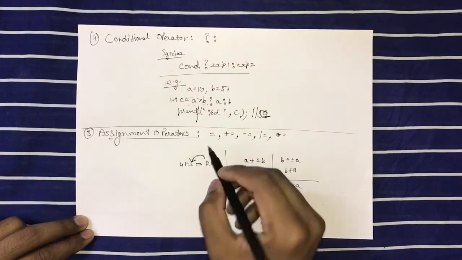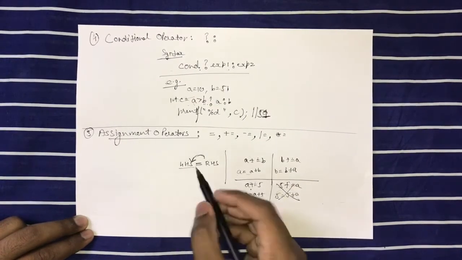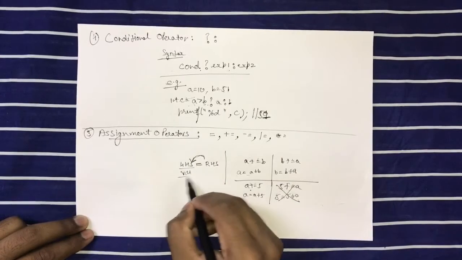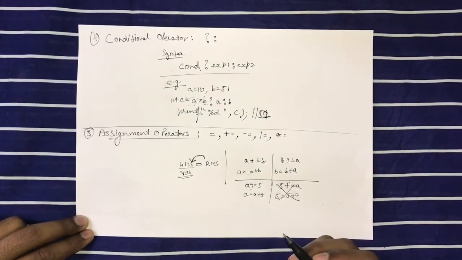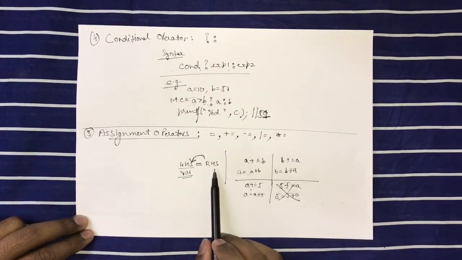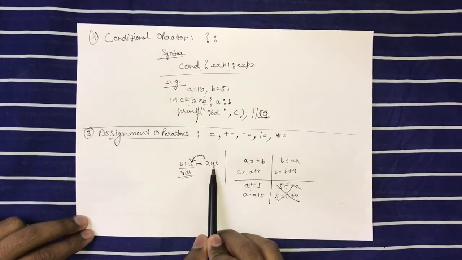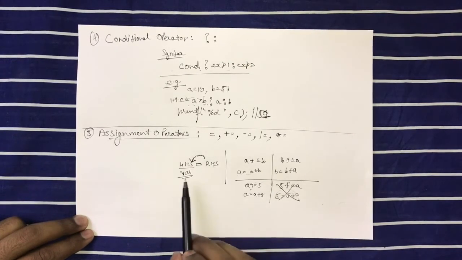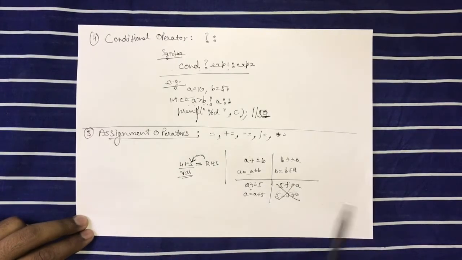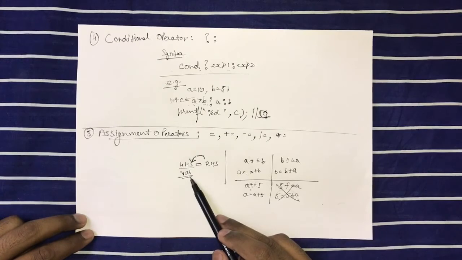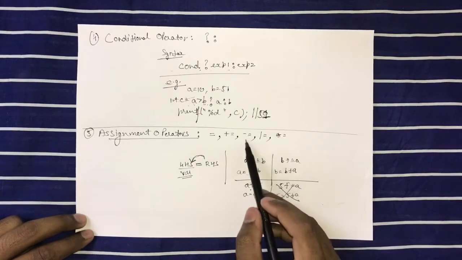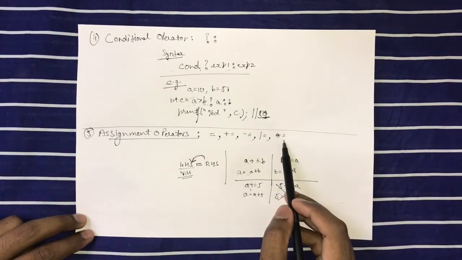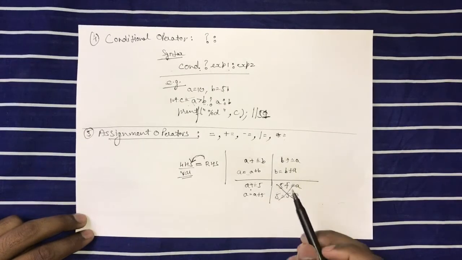So in this category, on the left hand side there should be a variable. So it's compulsory for assignment operator to work. On the left hand side there should be a variable, no matter what is there in the right hand side, whether a variable or a data, but on the left hand side there should be a variable. I've told you about the plus equals. Rest all other operators are same: minus equals, divide equals, and multiply equals. I hope assignment operators are clear.